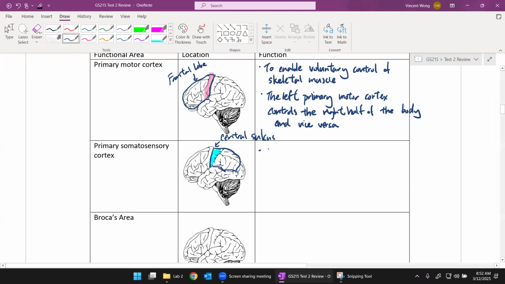And what does it do? It is going to process somatosensory information from skin, muscle, and joint, actually.